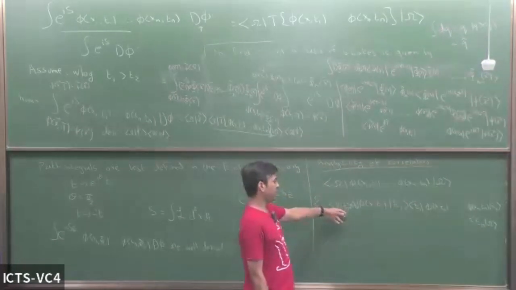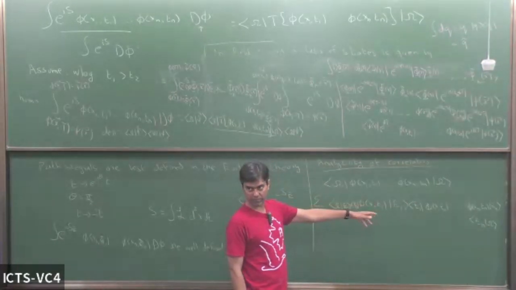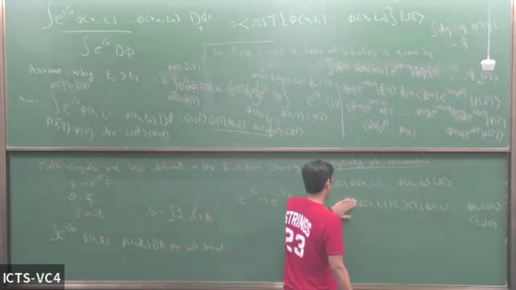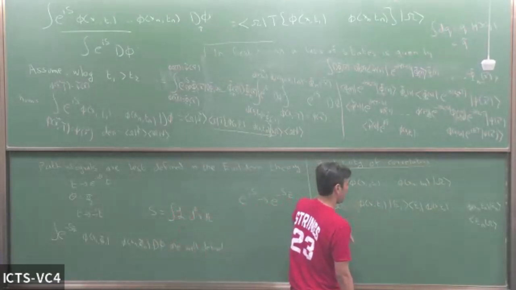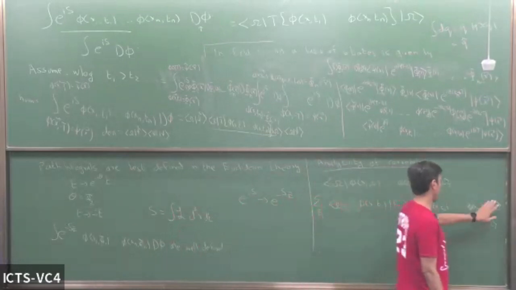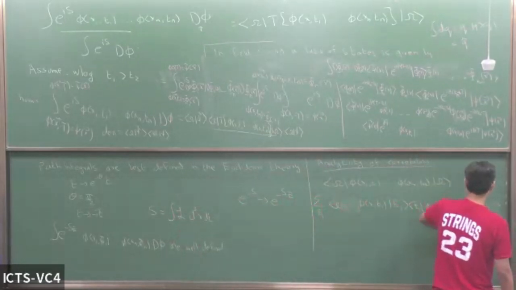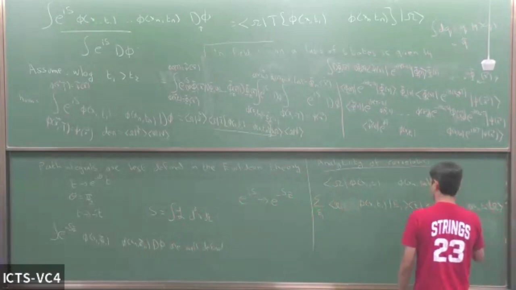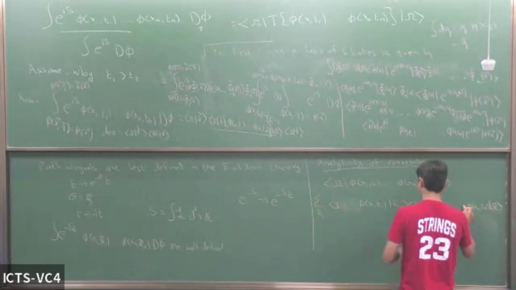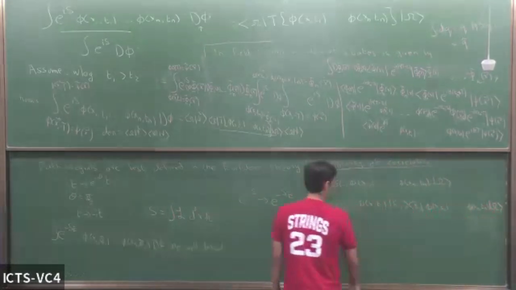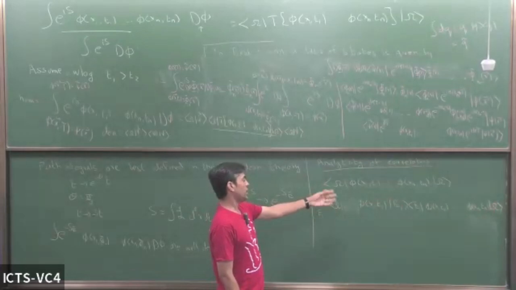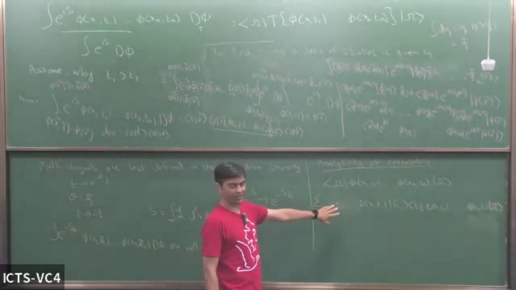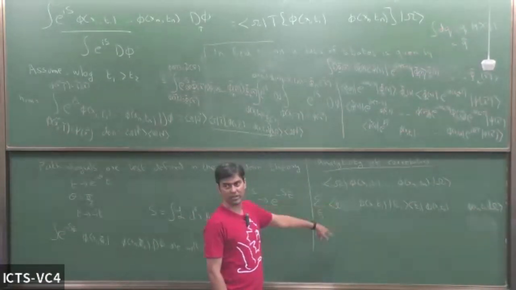I haven't done anything. I just inserted a complete set of energy eigenstates here. In fact, sorry, I don't need these guys on the edges. Now look at how this evolves as a function of T_n. It's the same formula as previously, but without the guys on the edges.